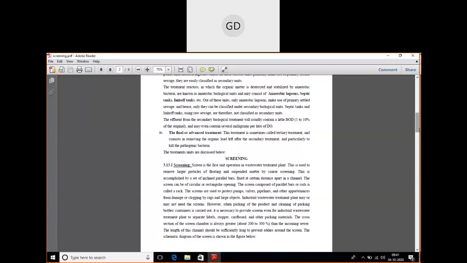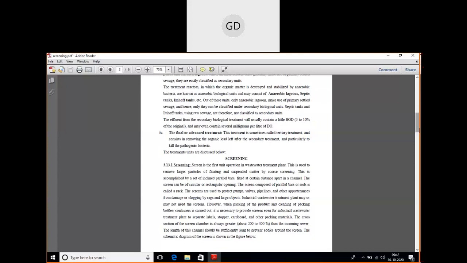Floating materials like pieces of cloth, wood, hair, fiber, kitchen refuse all come under this. If they are not removed, they will choke the pipes, or adversely affect the working of the sewage pumps.